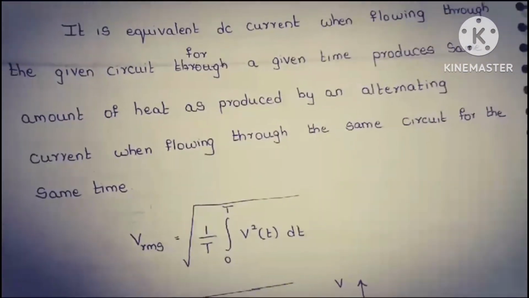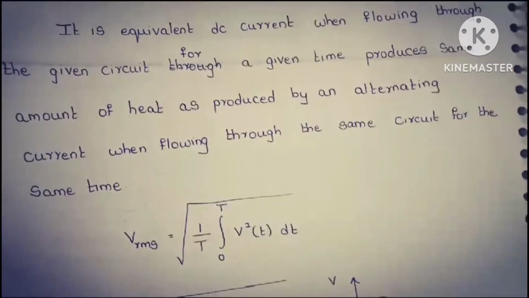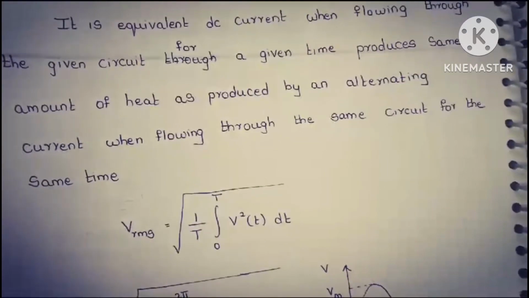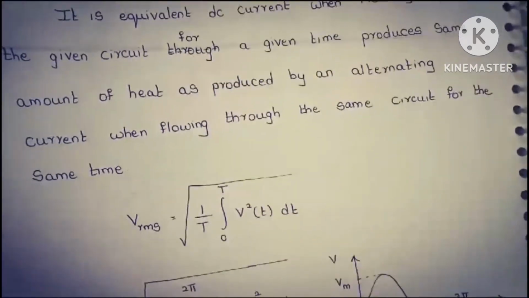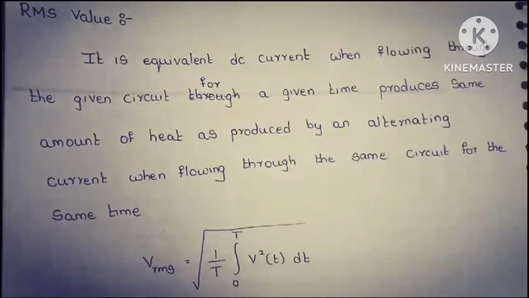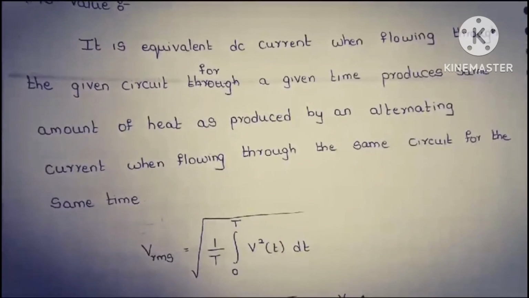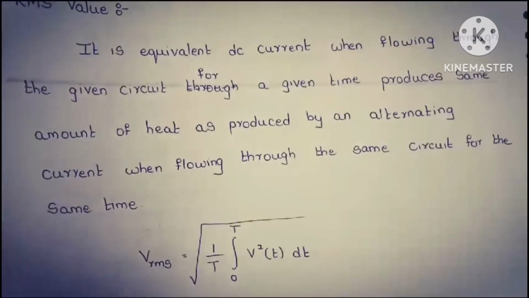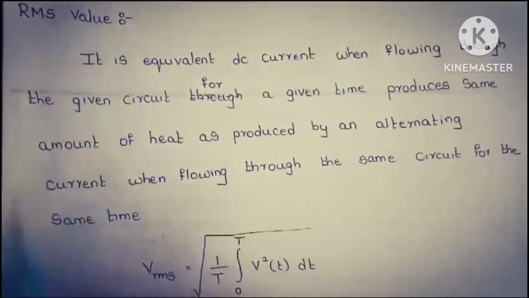This implies that when we connect a certain element in the DC circuit, the amount of heat produced by the element when it is connected to DC is calculated, and when we connect the same element in the AC circuit, the amount of voltage or current required to produce the same amount of heat is known as RMS value.